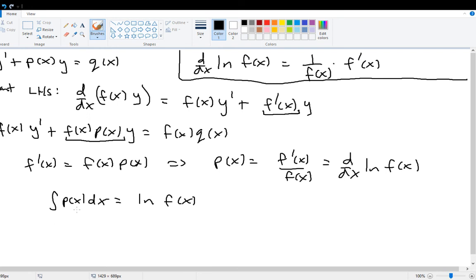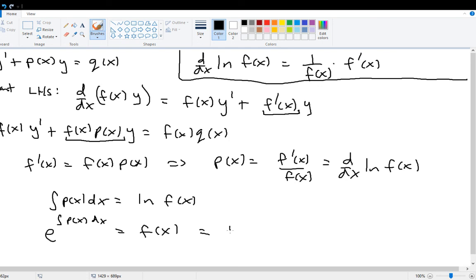Finally, if we just exponentiate both sides, we get the exponential of the integral of p of x dx is equal to f of x. So this unknown function that we needed to multiply our entire differential equation by ends up being the indefinite integral, or the antiderivative, of p of x, stuck inside this natural exponential here.